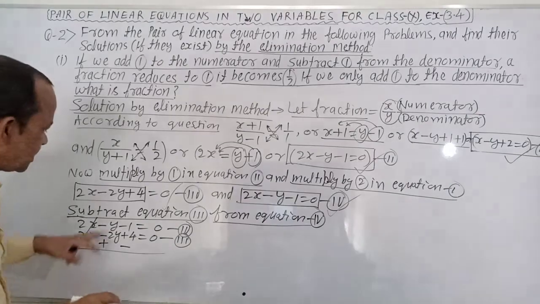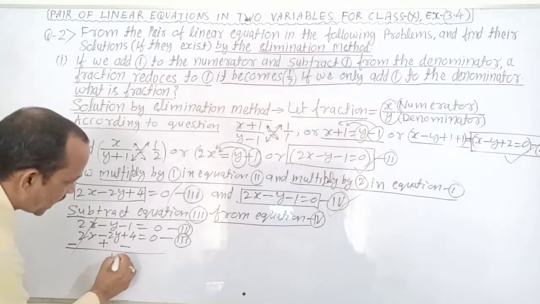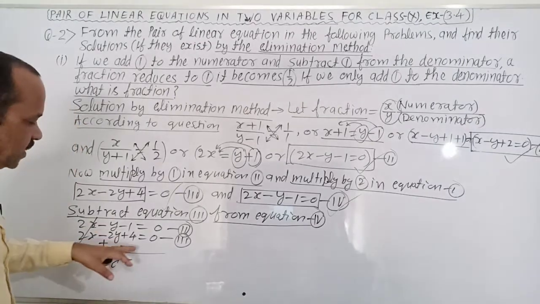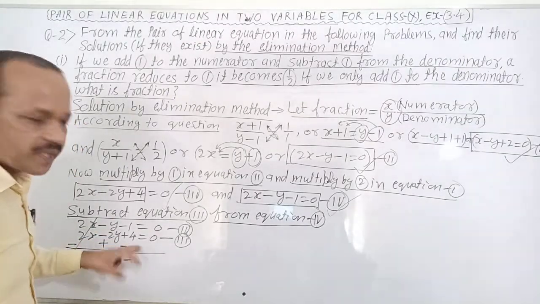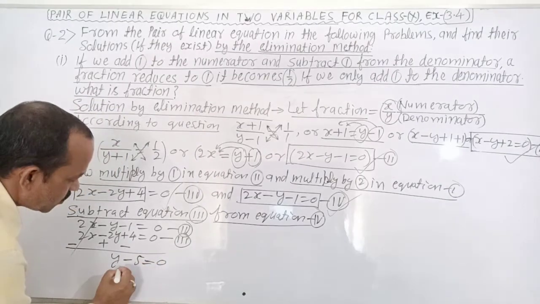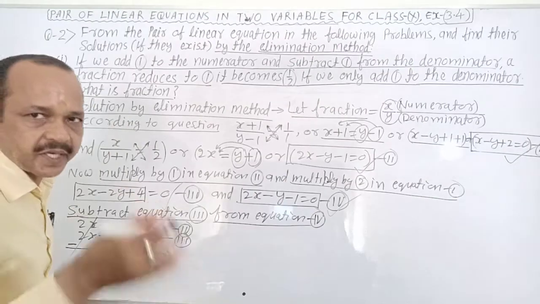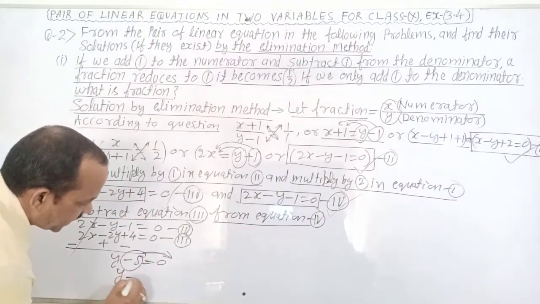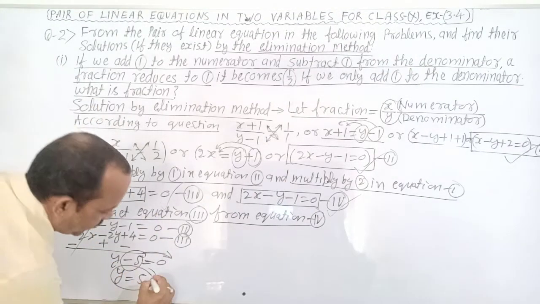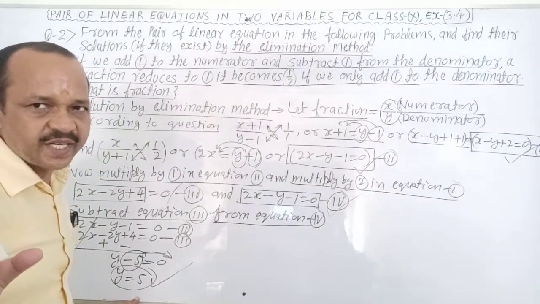Here minus y, here plus 2y, you subtract it, it becomes y. Here minus 1, here minus 5, it becomes minus 5 equal to 0. You can write minus 5 on the right side of the equal sign. It becomes y equal to 5. You find y equal to 5. Clear? No confusion about it?